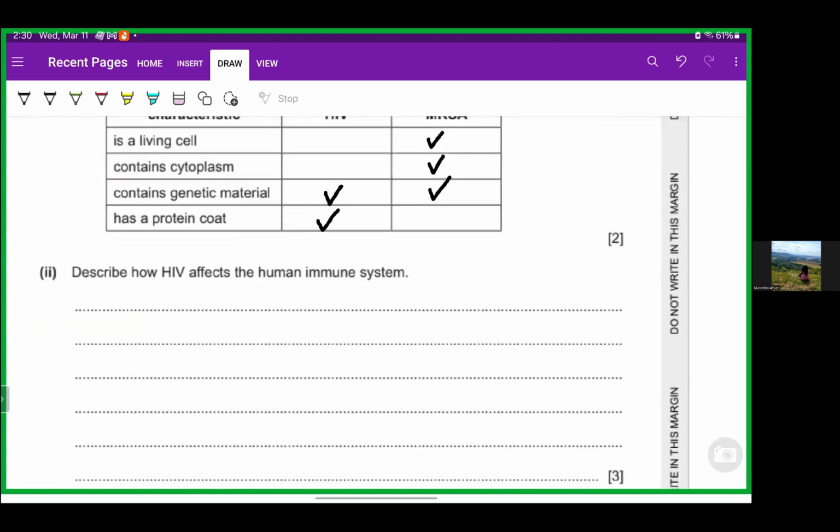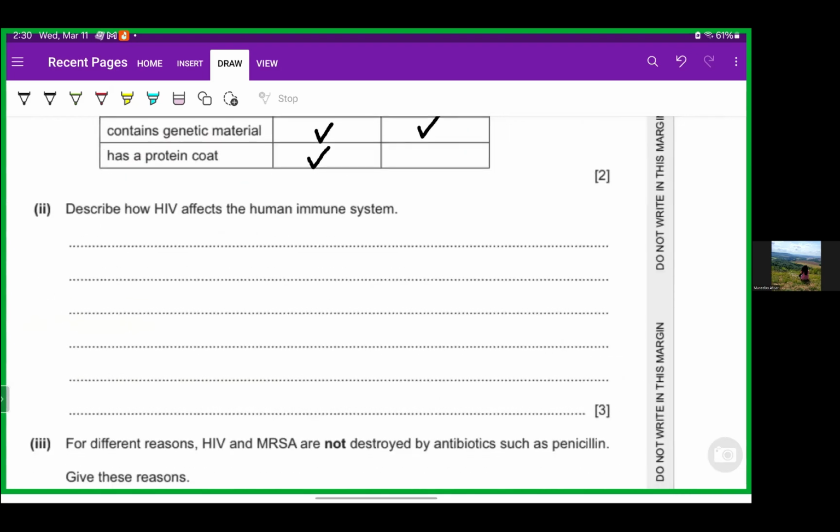Okay. Describe next part. Describe how HIV affects the human immune system. Very easy. It weakens the immune system. It weakens the immune system by lowering.